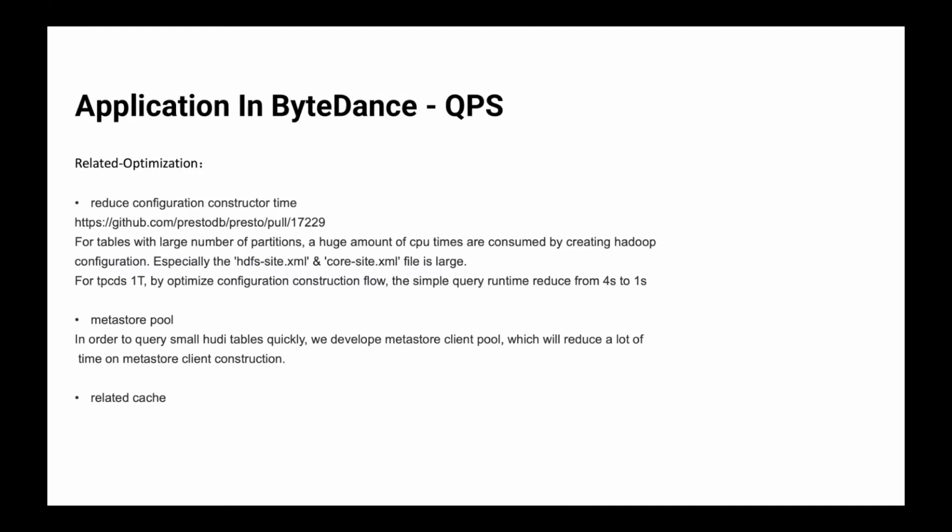For example, we reduce the configuration construction time. For tables with a large number of partitions, a huge amount of CPU time is consumed by creating Hadoop configuration, especially when the hive-site and core-site files are large. By using this optimization for TPC-DS one ET data, the simple query runtime was reduced from 4 seconds to 1 second.